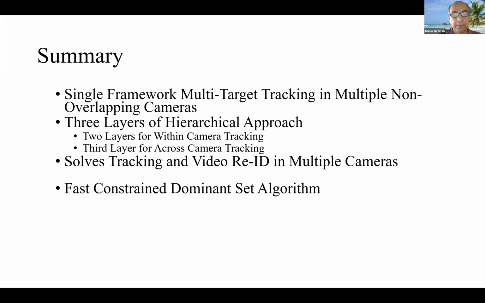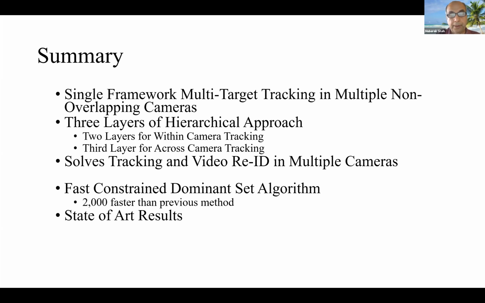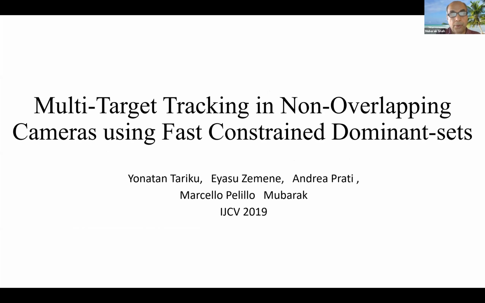I showed you an example. And actually, we have a fast constrained dominant set algorithm, which I didn't have time to cover, which is much faster than other methods. We got state-of-the-art results on the Duke dataset and the MARS dataset for the 6 cameras. So this was about the IJCV paper.